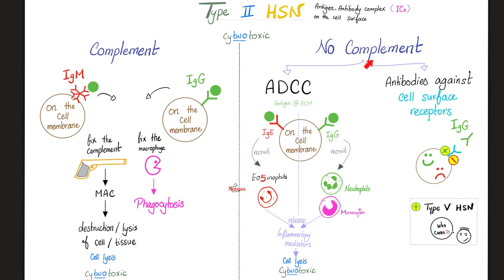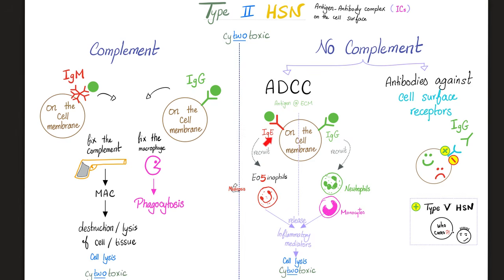We have two sub-stories here as well. ADCC and antibodies against cell surface receptor. What the flip is ADCC? Antibody dependent cell-mediated cytotoxicity. Beautiful. I can have IgE or IgG. IgE can recruit eosinophils, as was the case with type 1 hypersensitivity reaction.